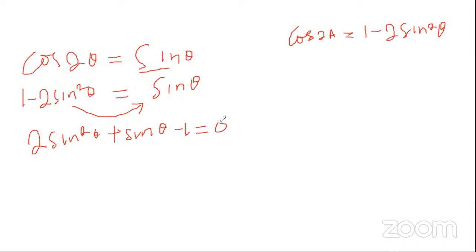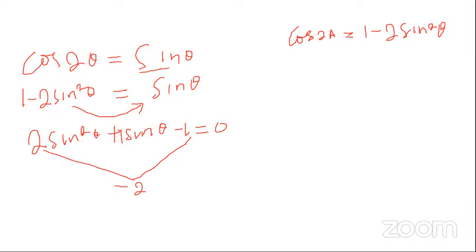Is that okay? Now we are going to get factors of -2 that we multiply. Two numbers that we multiply to give us -2, and when we add them, they give us 1.